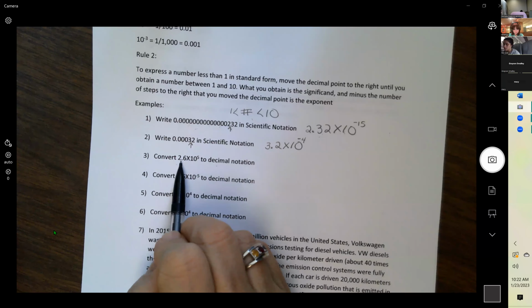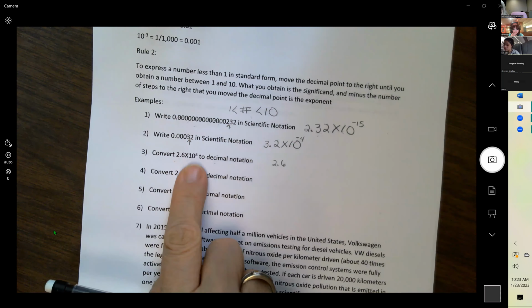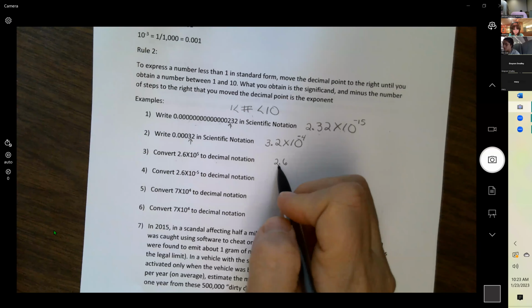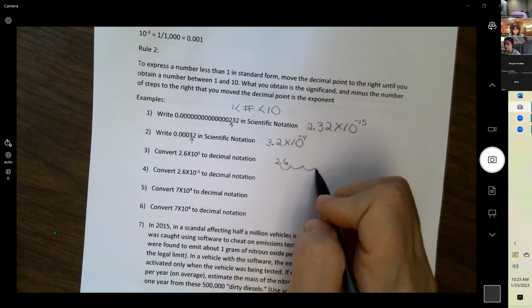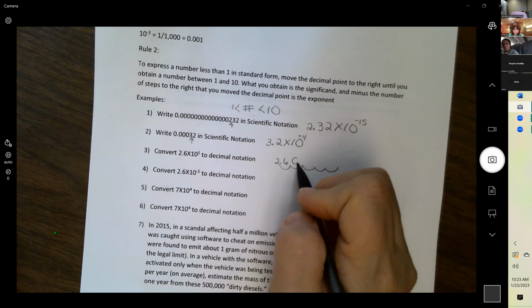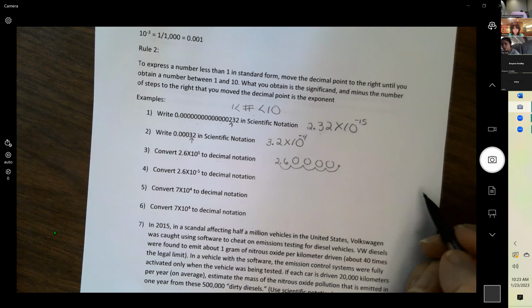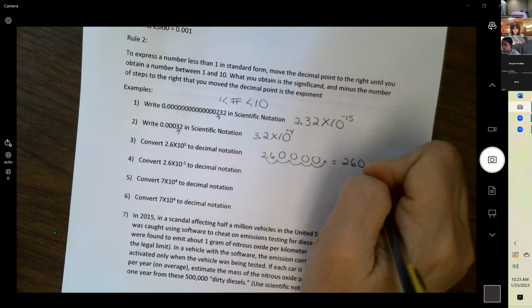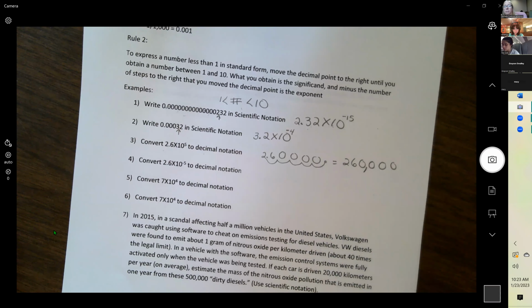So we have 2.6. We have a +5, so this needs to get bigger. We're going to move 5 units this way so that it gets bigger. $260,000.